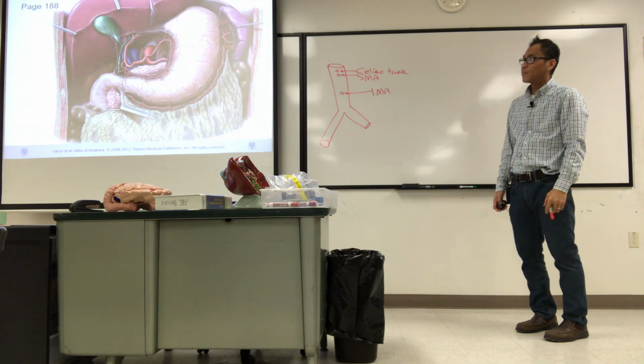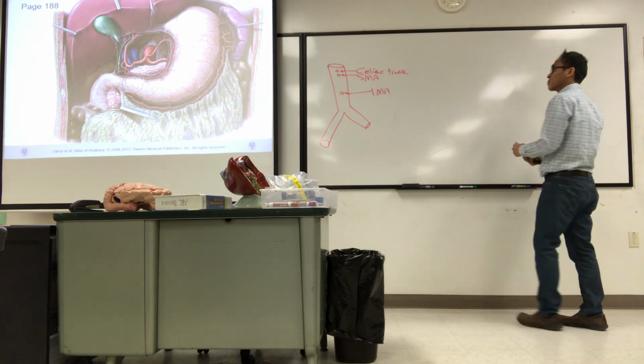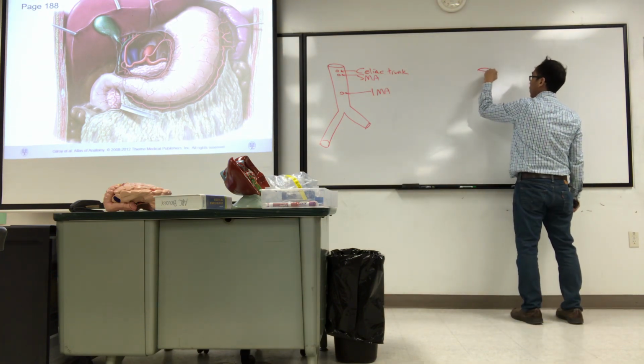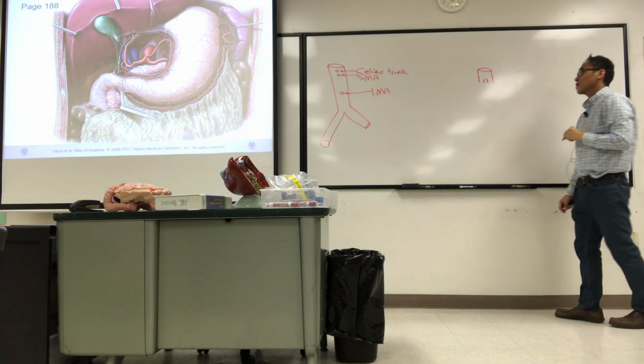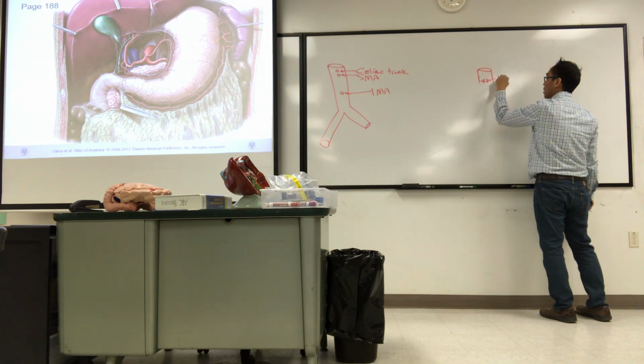Now the celiac trunk has a lot of branches to this stomach and duodenum region. So let's use this picture to map them out. So, abdominal aorta, and you have the first branch coming off, the celiac trunk, called number 1.